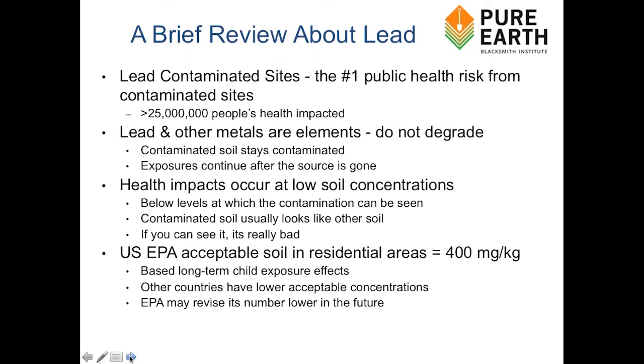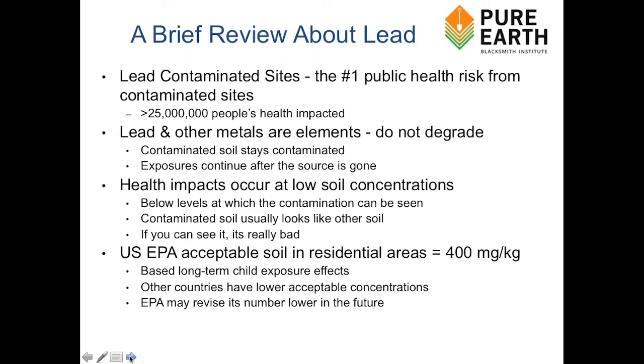In the U.S., EPA has set their standard for residential soils at 400 milligrams per kilogram. Other countries have lower acceptable standards, and the U.S. EPA is considering lowering that standard because it is actually quite conservatively high. So it's not unusual for us to encounter lead contamination standards as low as 100 milligrams per kilogram in other countries.